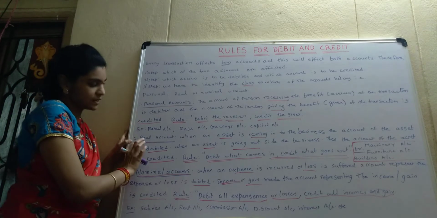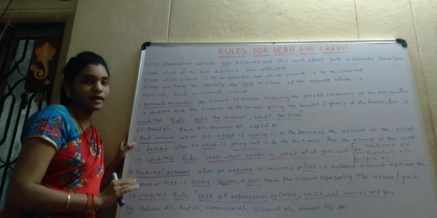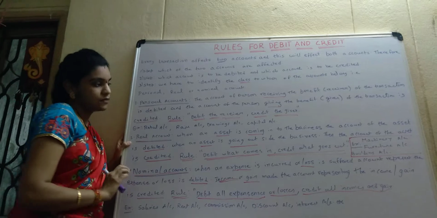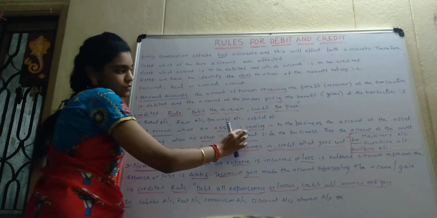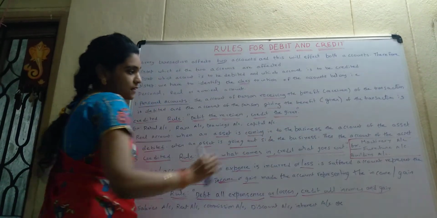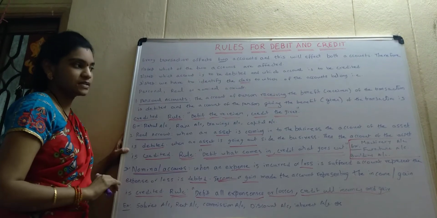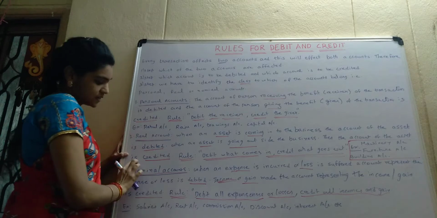And coming to the real account, it is very easy to identify because it is an asset. When an asset is coming into the business, the asset account is debited. When an asset is going out of the business, the account of the asset is credited.